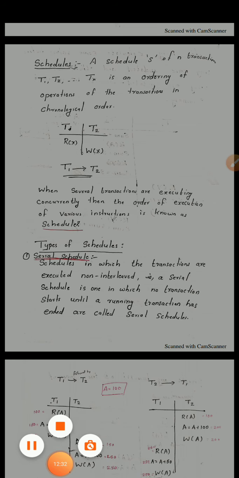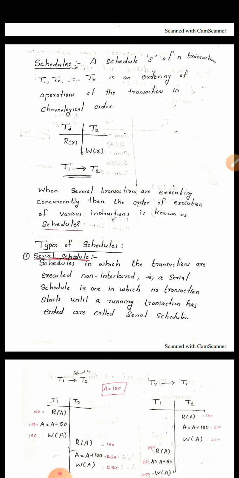As for a schedule, as the name suggests, it is the process of lining up the transactions and executing them one by one. When there are multiple transactions running concurrently, the order of operations needs to be set so that the operations do not overlap each other.